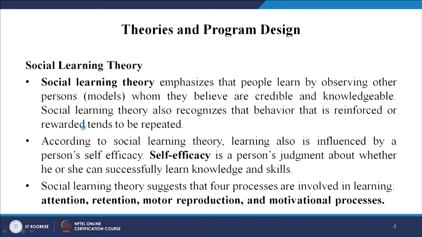So social learning theory suggests that 4 processes are involved in learning: attention, retention, motor reproduction and motivational processes. From childhood itself, dear friends, from the school days itself, we pay attention to our society, what is surrounding us, how our uncles and aunties are behaving, how our parents, neighbors and friends are behaving.